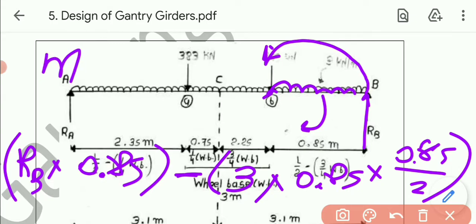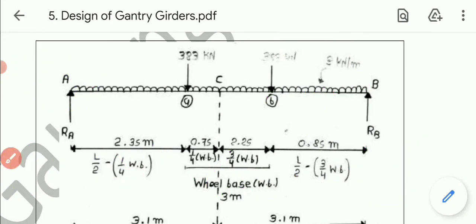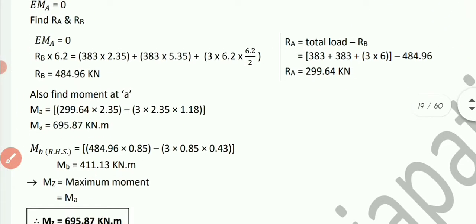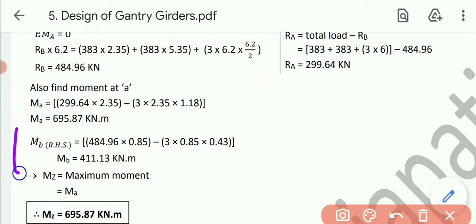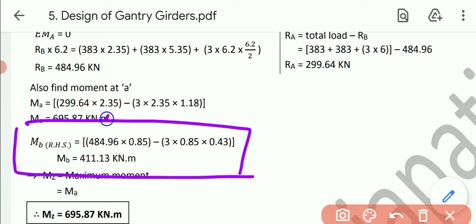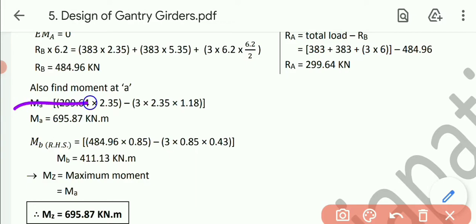So that will be the moment at B. RB is 484.96 into 0.85 minus 3 into 0.85 into 0.85 by 2, that is 0.425, so I will get the value of MB, 411.13 kilonewton meter.